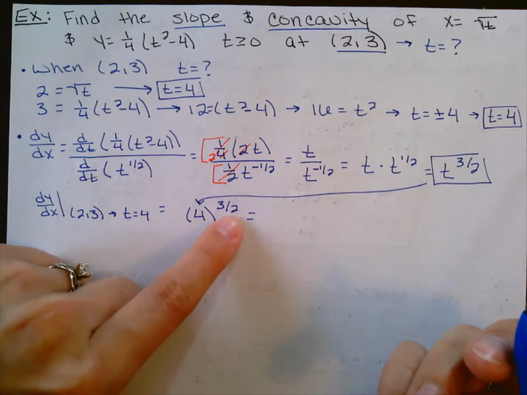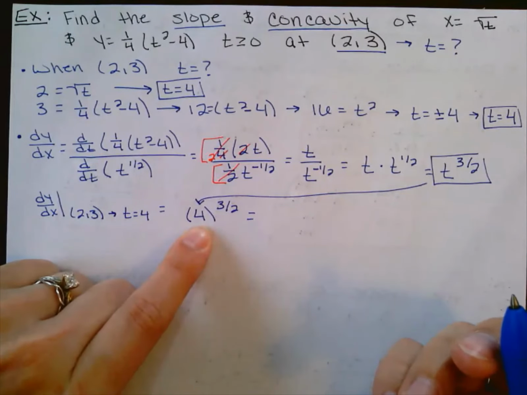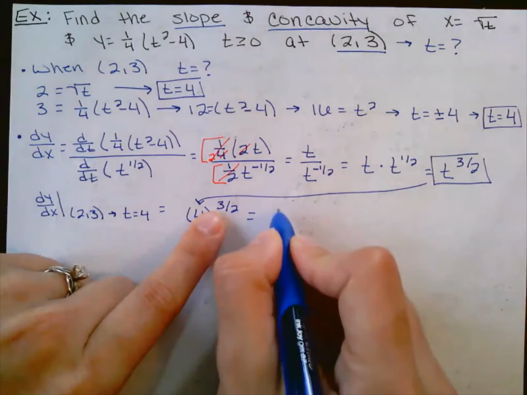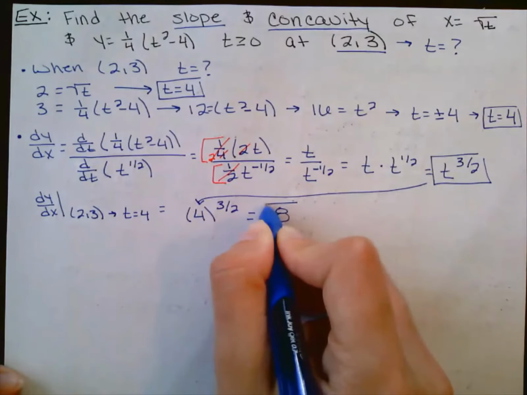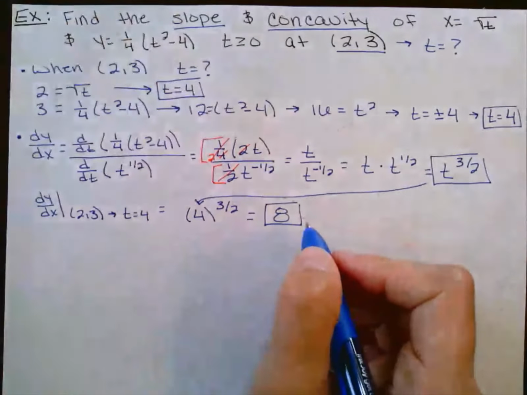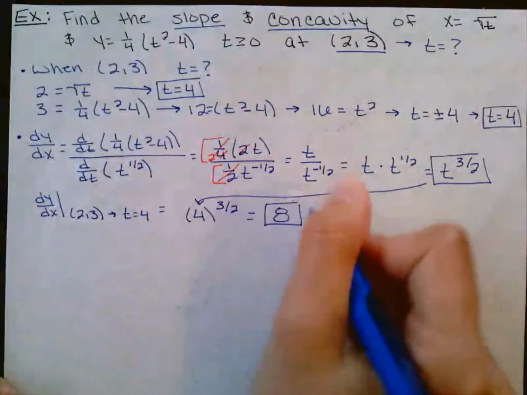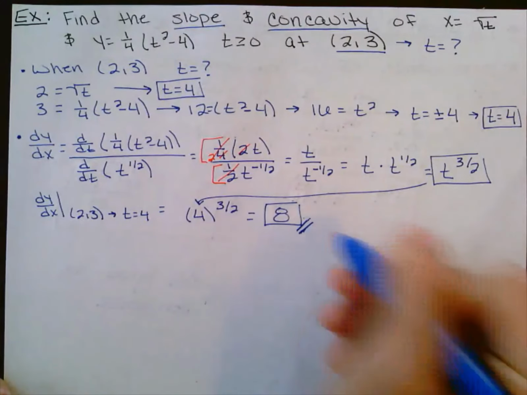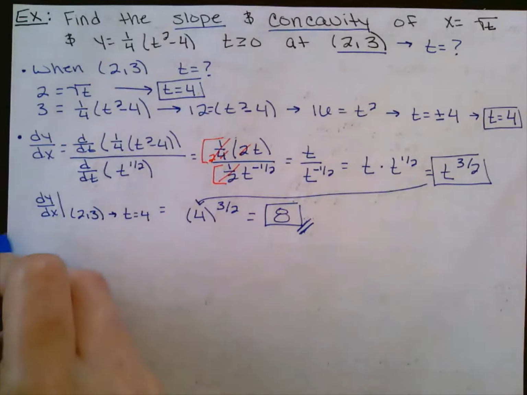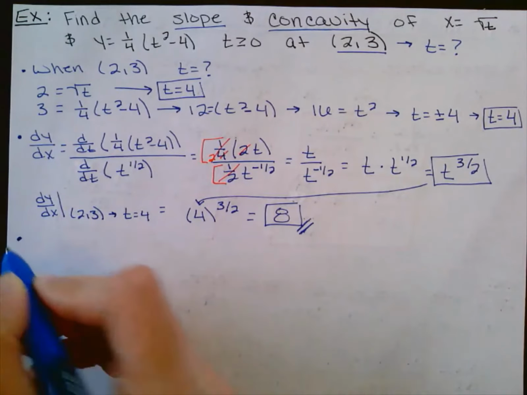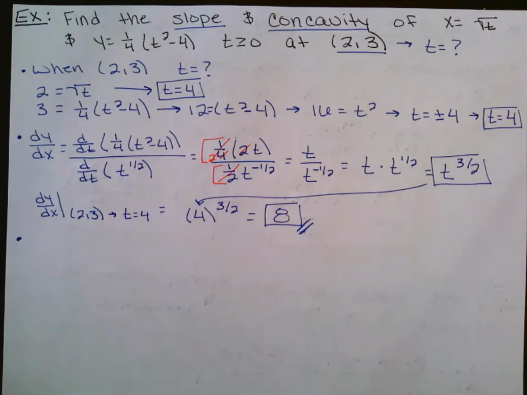So it'd be easier to do the square root of 4, which is 2, and then 2 cubed, which is 8. So my slope for this function at 2 comma 3 is going to be 8. That's my final answer for slope. Now let's move on to do concavity.